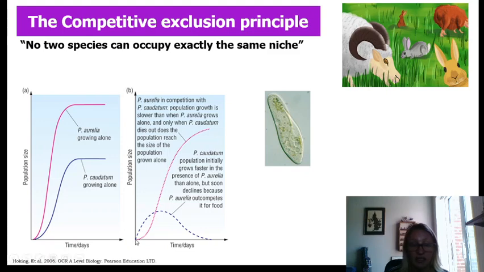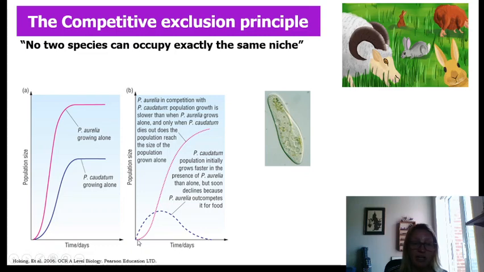So it's like, okay, I've got some competition here, I'm going to take advantage of those resources, and it goes straight into the exponential growth phase. So there's no lag phase there, straight into the exponential growth phase, but then it gets outcompeted, and it goes through this boom, the bust phase just here.